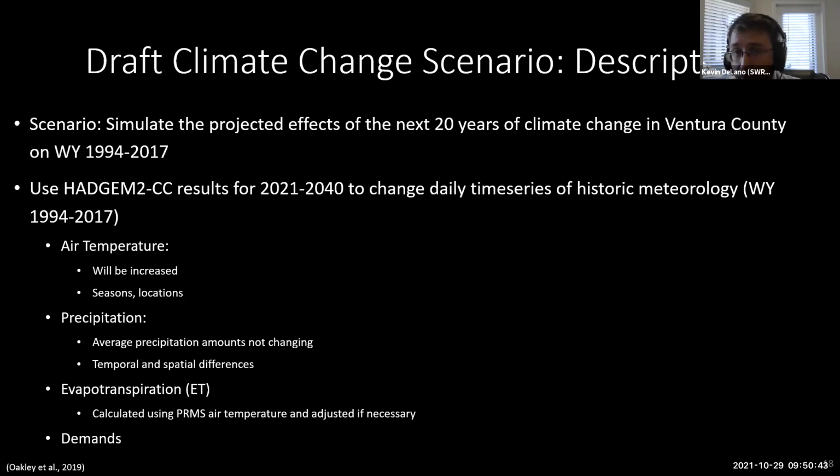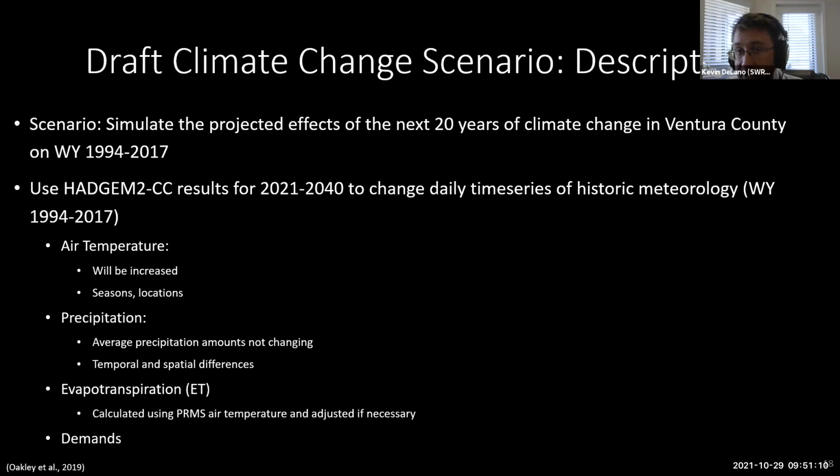More technically, we have more scenarios that we want to run. We'll get into that when we get to the to-be-determined section of this presentation. But we are even thinking about combining a climate change scenario with something else, like a water management scenario, so that we could see how that water management scenario would unfold with the stressors of climate change on it.